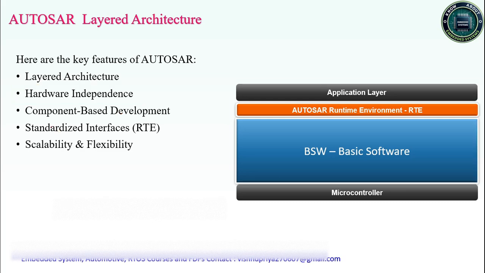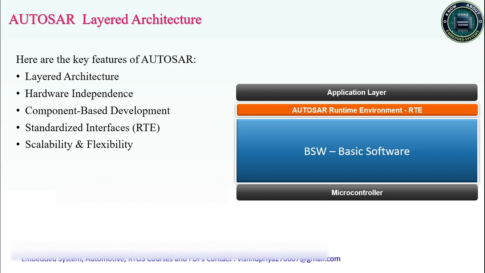The next one is component-based development. That means each application will be designed as small components, and the BSW components can also be designed as smaller components, and with the help of this we can easily develop a bigger application. That's called a component-based application. Then the standard RTE.